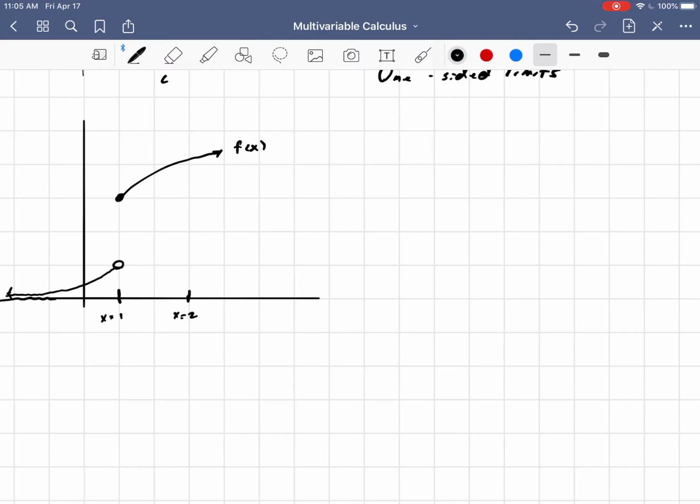Now, anywhere else along this curve except at x equals 1, the limit is obvious. Just plug in that functional value. For example, if this is the point x equals 2, and this is the curve f of x, which is also part of this curve because it's a piecewise function, just a different piece of the part.